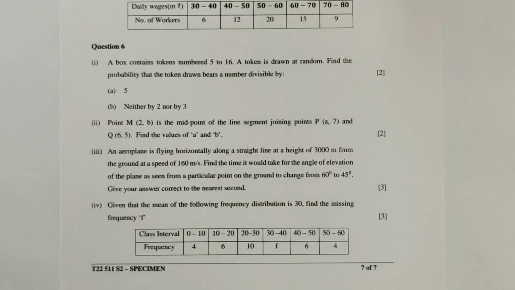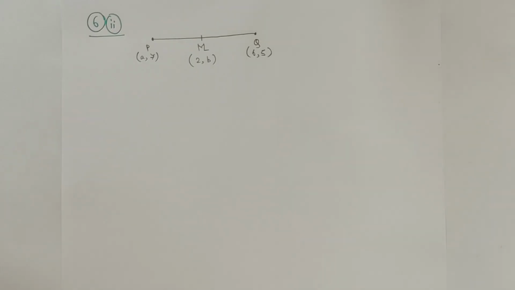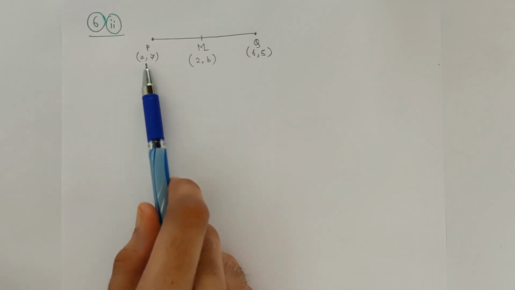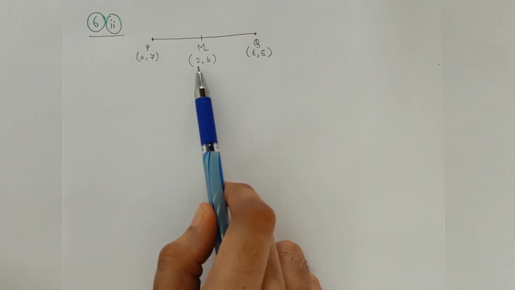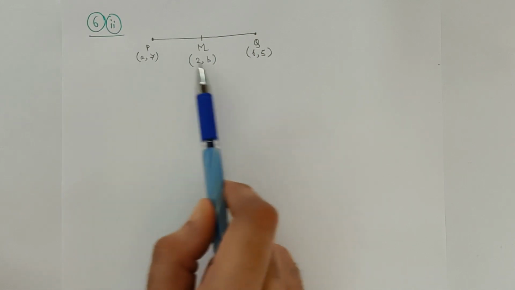Simple. Part 2. Point M(2, b) is the midpoint of the line segment joining points P(a, 7) and Q(6, 5). You have to find the values of a and b. A question from section formula. Let's solve it. So guys, over here we have the points P and Q and the point M is the midpoint. Now we have to find the values of a and b.